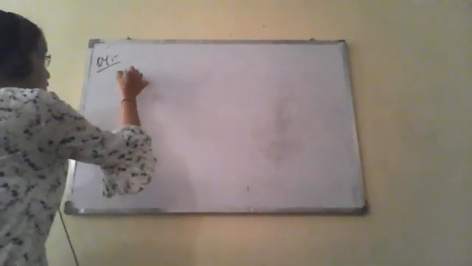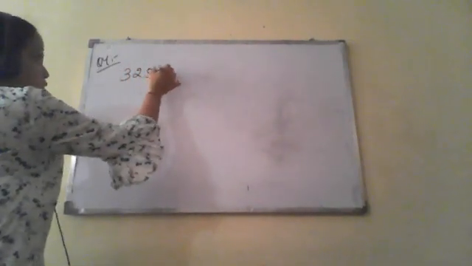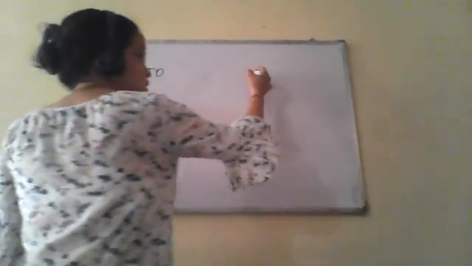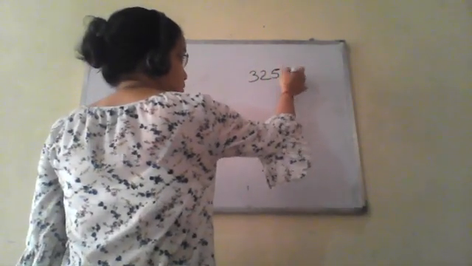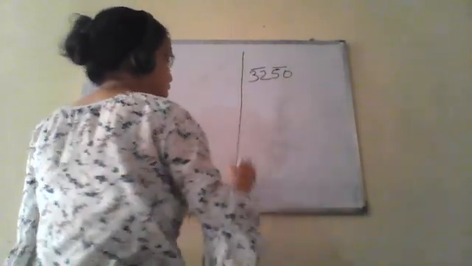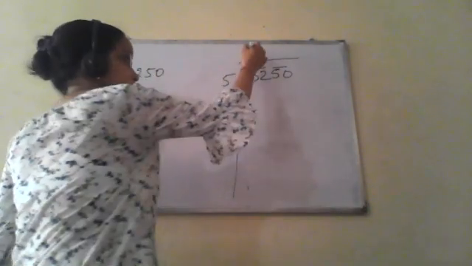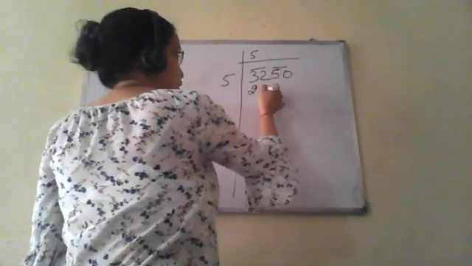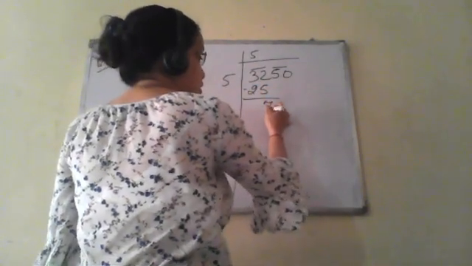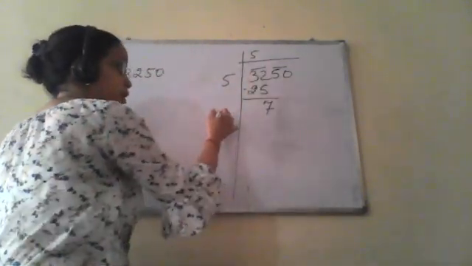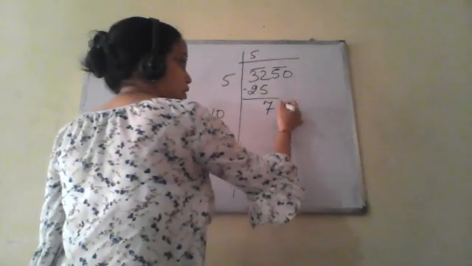The next part is 3250. So do the division method. We will take 5, square of 5 is 25, remainder is 7. Double of 5 we will write here, 10, and we will write down 50.